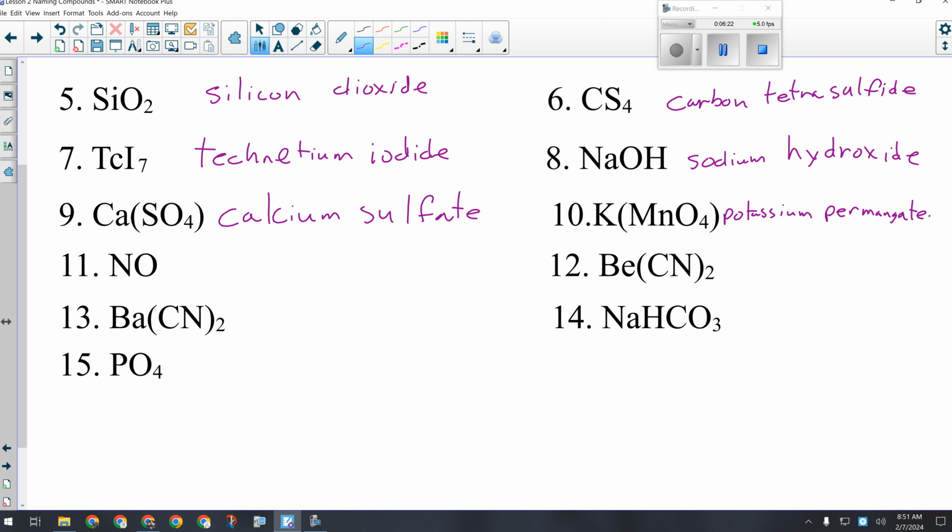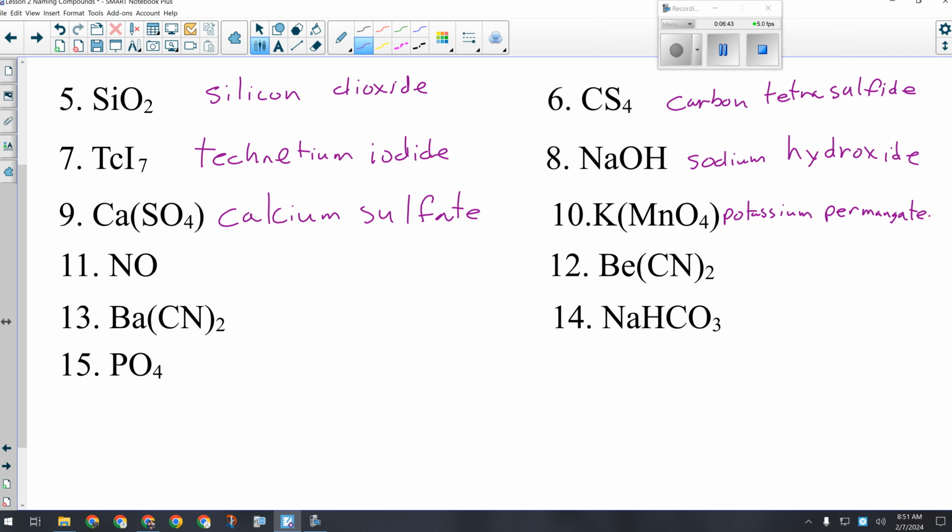All right. How many people have done number 11? Okay, let's do number 11, then I'll give you a little bit of time to do the last 4 or 5. For number 11, nitrogen and oxygen, is that ionic or molecular? It's molecular, right? They're both non-metals. Do I need a prefix on nitrogen?